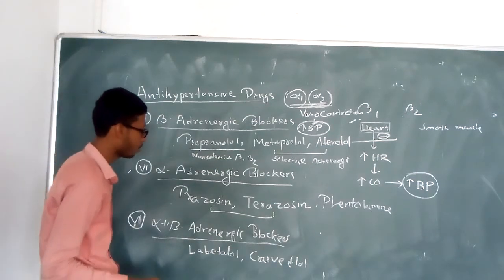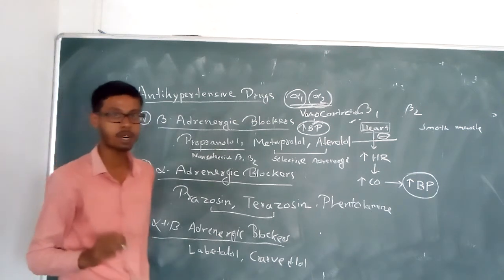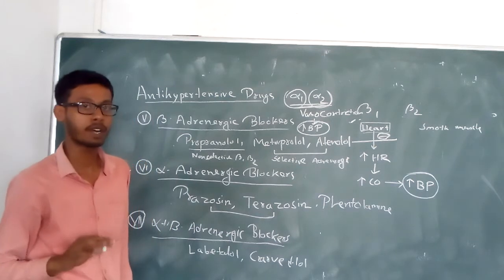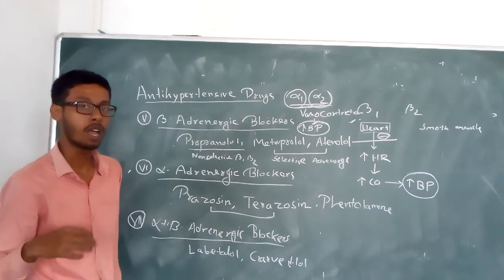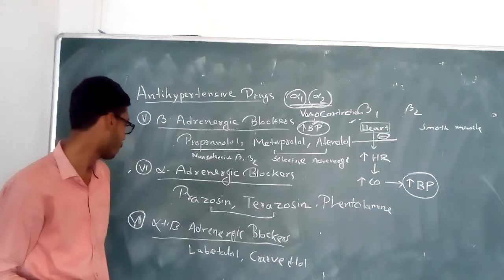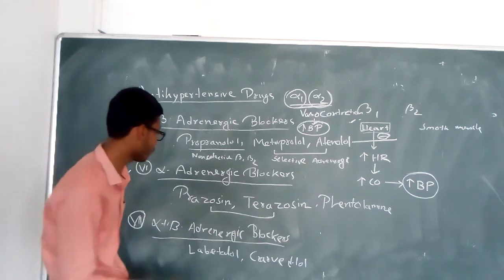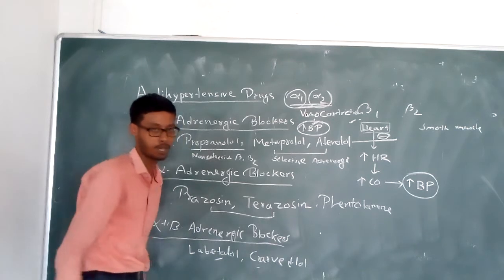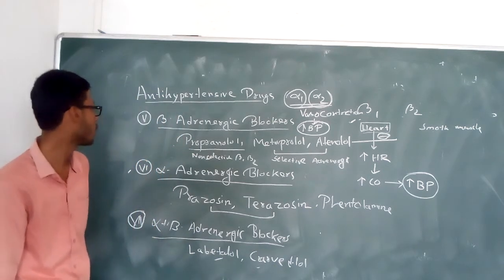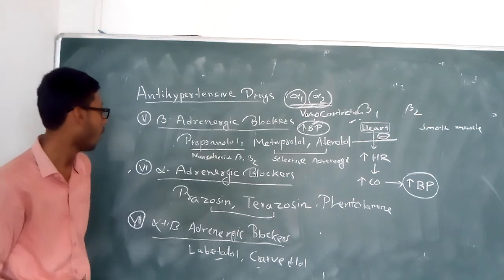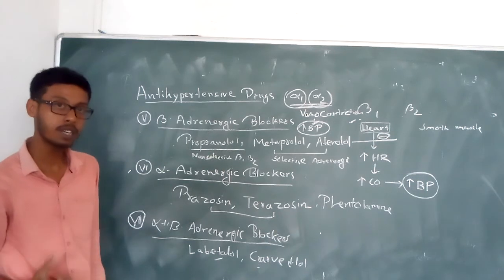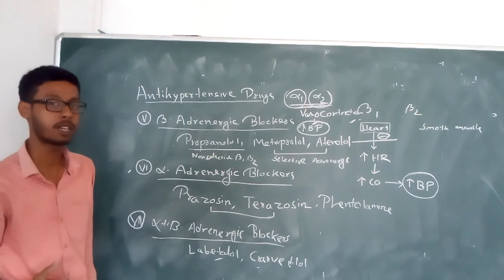Alpha plus beta adrenergic blockers: some drugs are available which act on both the alpha receptor and the beta receptor, and examples are labetalol and carvedilol. So these are the adrenergic and beta adrenergic receptor drugs and how they are used as antihypertensive drugs.